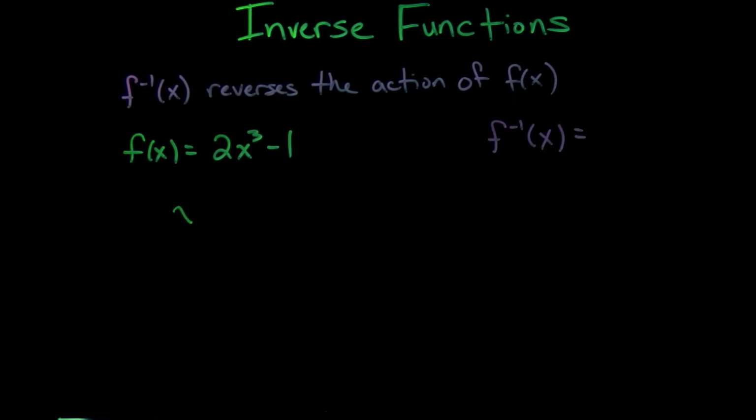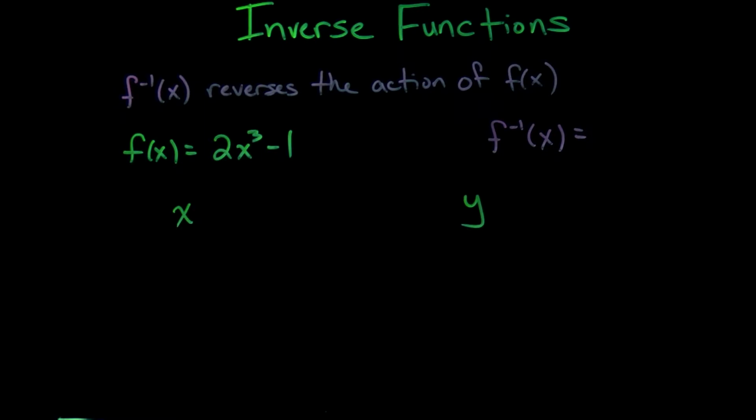So if we think about the function f of x equals 2x cubed minus 1, what does this do? Well, it starts with some input x, and it's going to end with some output that I'll call y. Now, how does it get from input to output? Well, if we think about our order of operations, we have three things that we're doing.